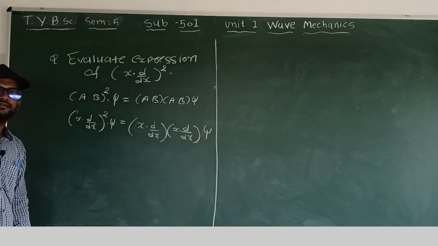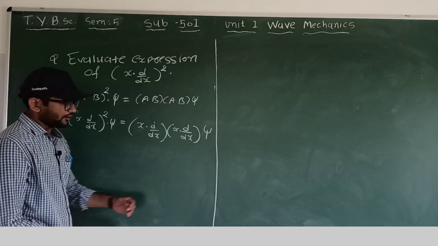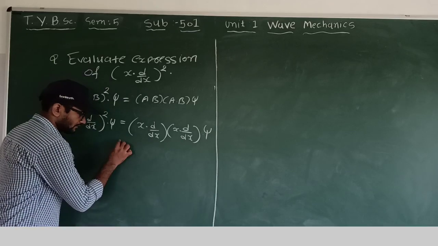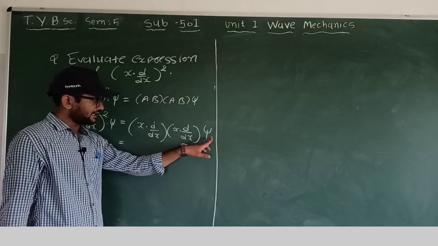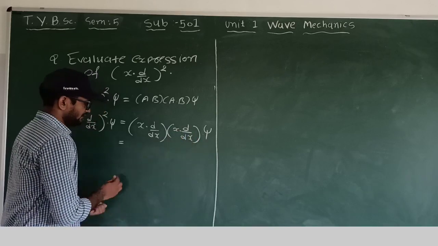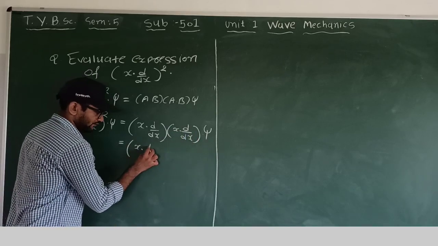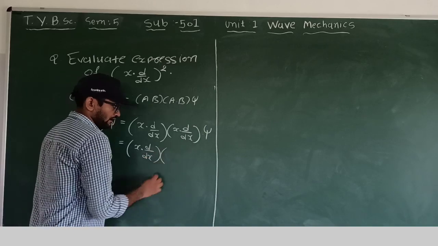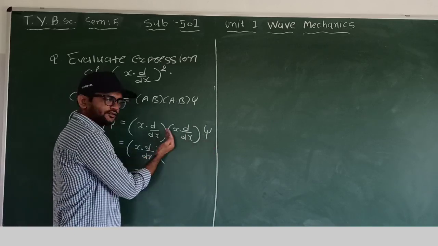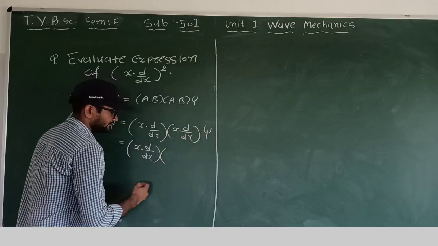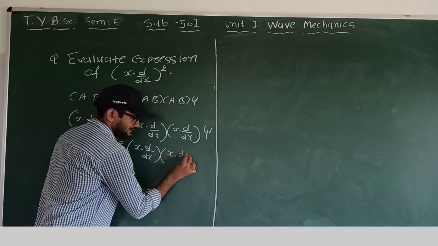So now in this case the sequence of operation is always from right to left. It means first this psi is operated by operator x d/dx, and sequence of operation is always right to left. It means x dpsi/dx.